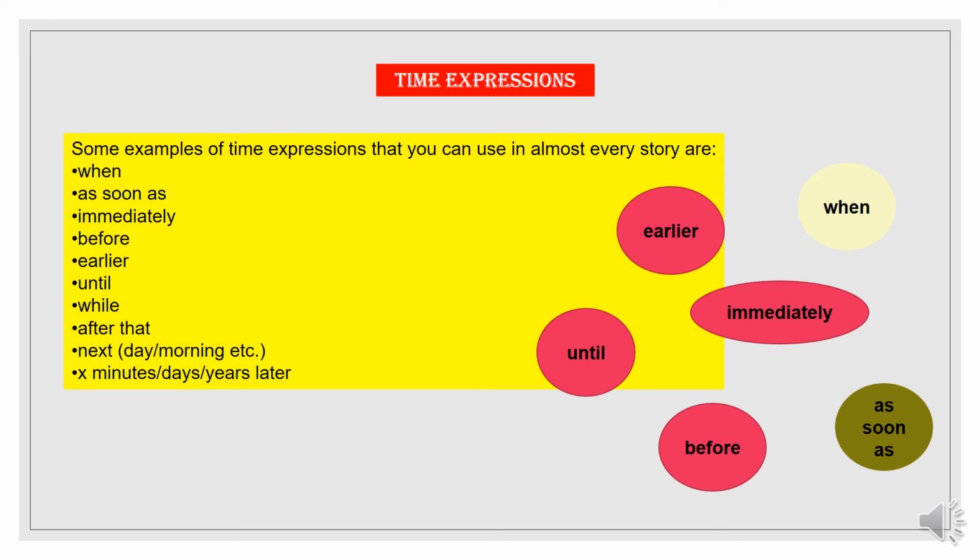Some examples of time expressions that you can use in almost every story are when, as soon as, immediately, before, earlier, until, while, after that, next day, next morning, etc., or X minutes, days, years later. Use one or two of these in every paragraph so the examiner is happy and gives you high marks.